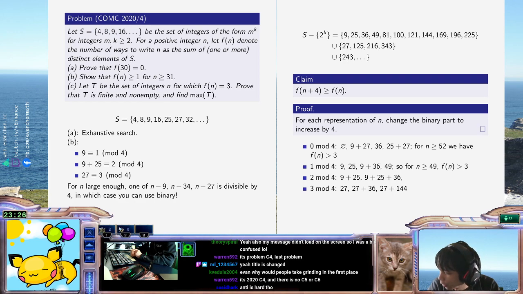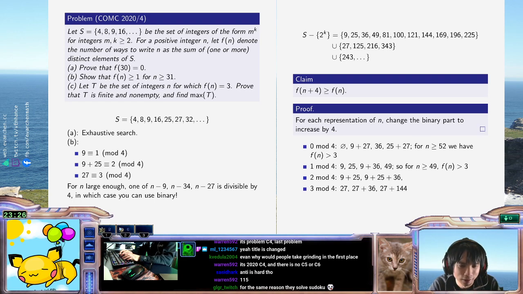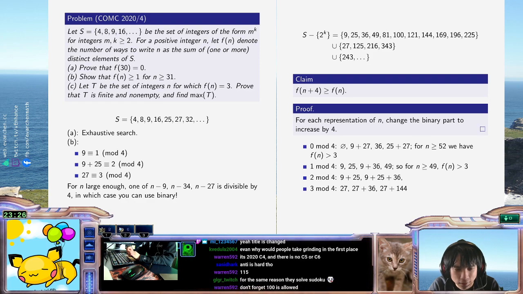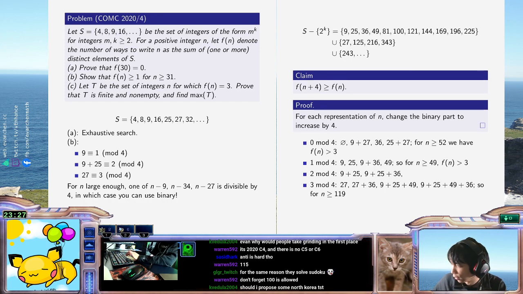At that point, I almost want to just add 3 numbers that are 1 mod 4, which would be 9, 25, 49. That seems smaller, right? And at least 119. Don't forget 100 is allowed.